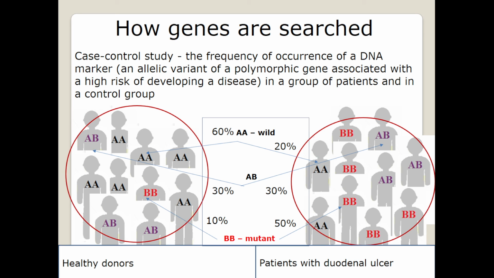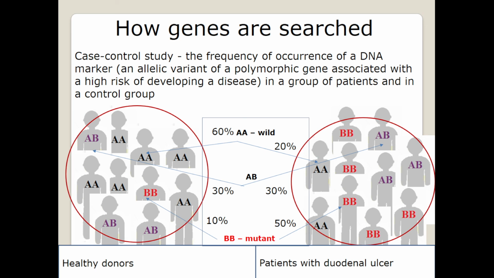AA homozygotes, the wild type of nucleotides, are present in 60%, AB heterozygotes 30%, and BB homozygotes, the mutant nucleotides, only in 10% of cases. In the patient group, we can also find all variants, but the wild type homozygote condition we can find in only 20% of patients.